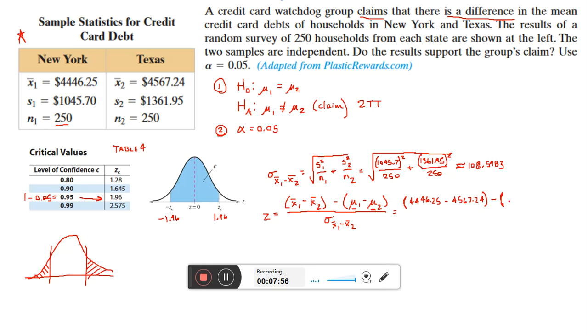So if they're equal, whenever we subtract two numbers that are the same, we should get 0. That's why I said this would be a lot less complicated than it looks at the moment. And of course, we plug in 108.5983. And the value we end up getting is approximately equal to negative 1.11. Of course, we go in and plug that in over here.